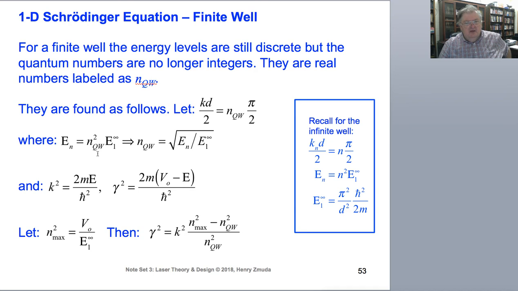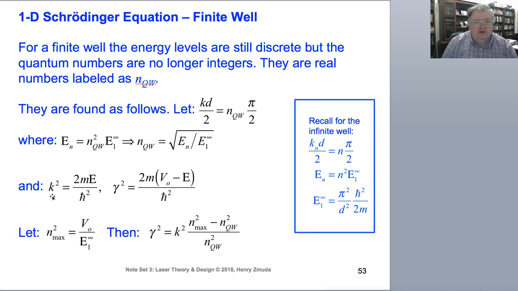So I'll be solving my equations for this n quantum well, because n quantum well is simply the square root of E sub n over E sub 1 for the infinite well. Once I know this, I know what I want.